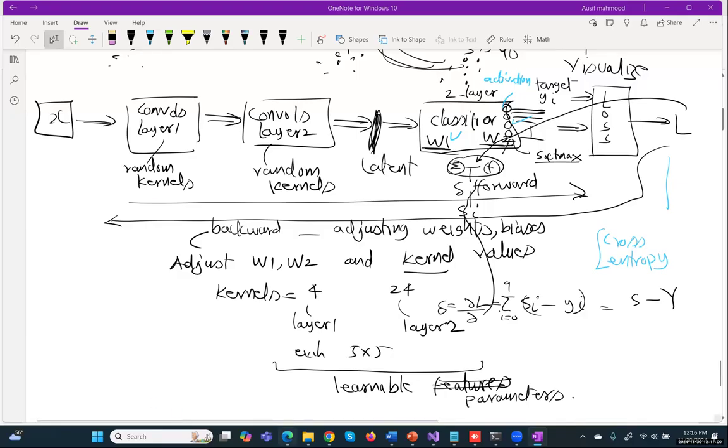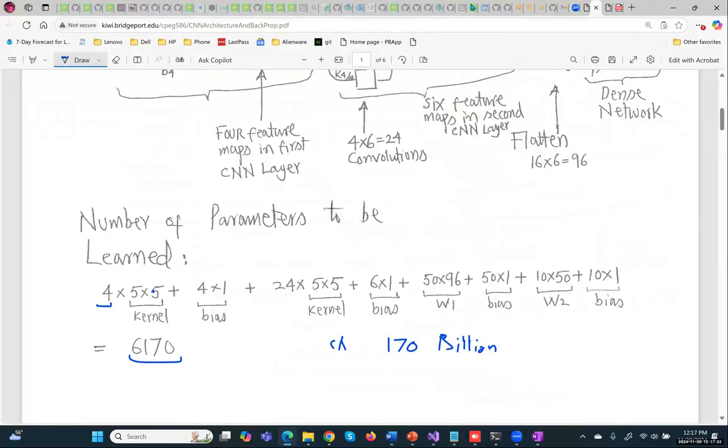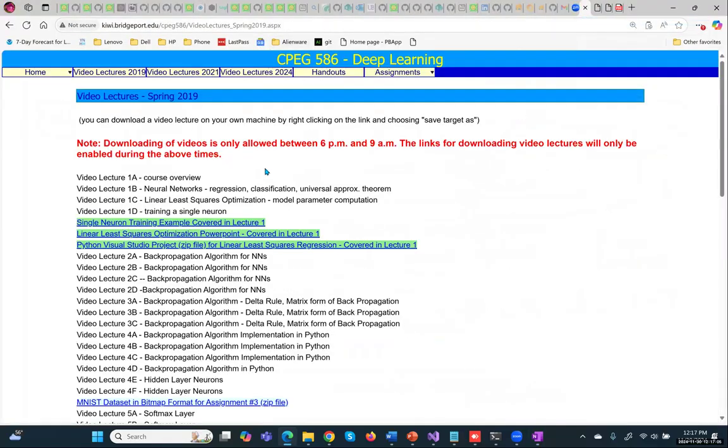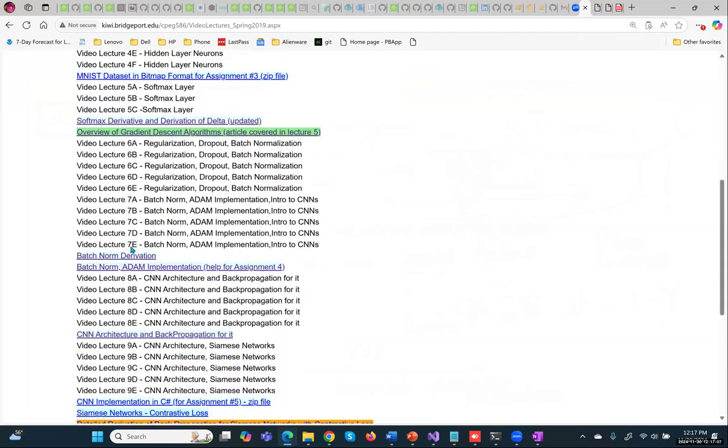Let me refresh your memory. If we go back, where's our derivation of softmax?